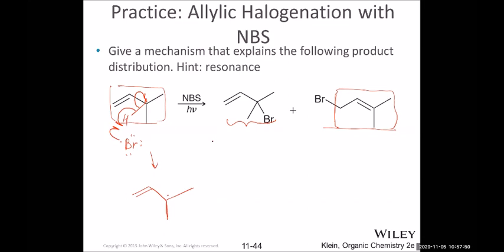Well, the carbon radical has a single electron in the p orbital. This p orbital is parallel and interacts with the p orbital in the pi bond. So the resonance is that the pi electrons shift location.